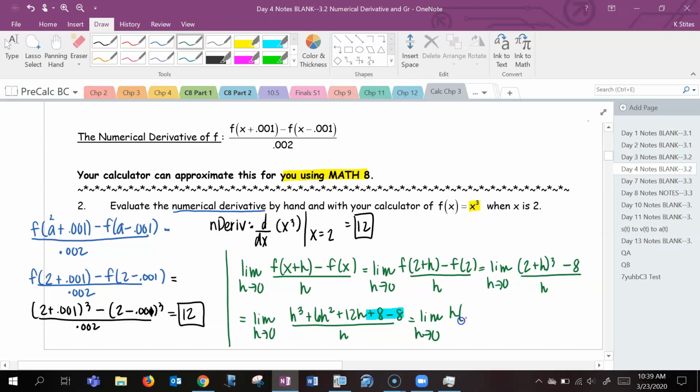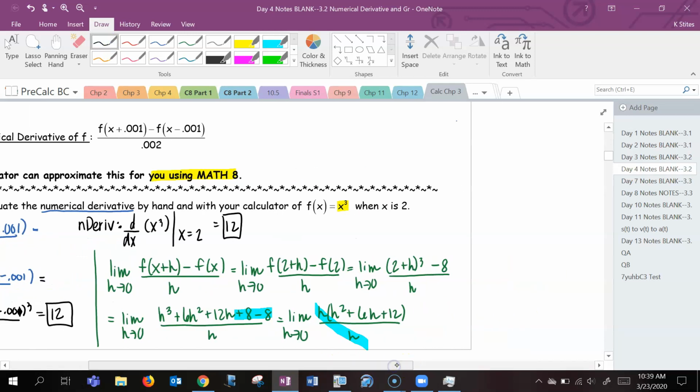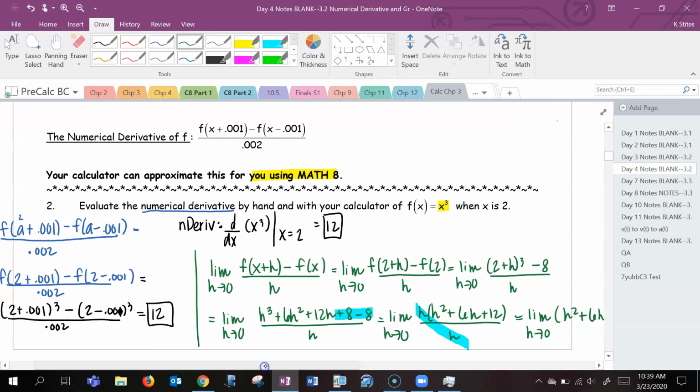I'm going to pull out an h. Whoops, I need an h squared. Okay, the h's cancel. I have this. And when I plug in a 0, I get 12. Look at that. Okay, very exciting.